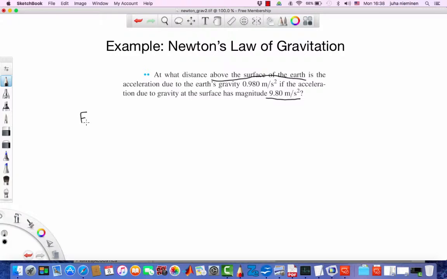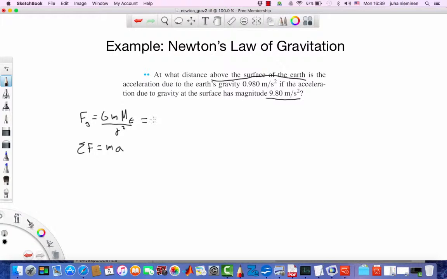So Fg equals G times m, the mass of any object, times M, the mass of the Earth, divided by r squared, where r is the distance from the center of the Earth. And we use our analogy from Newton's second law, which says the sum of net forces is mass times acceleration.